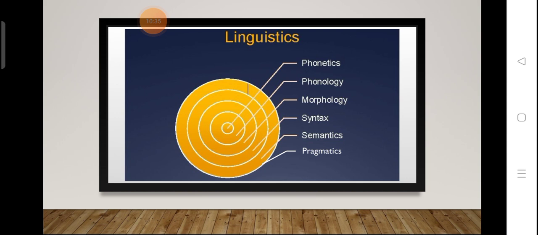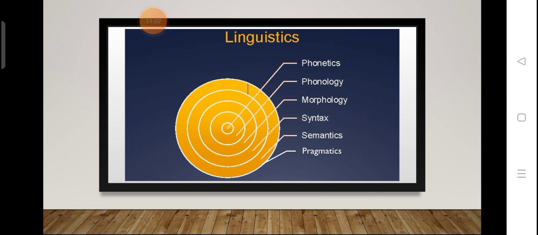How do speakers know what one particular word means, or when do we use metaphors? Why do we use only certain words as metaphors? Okay, so how many meanings can be found in one particular sentence? So such aspects of meaning are studied under semantics.